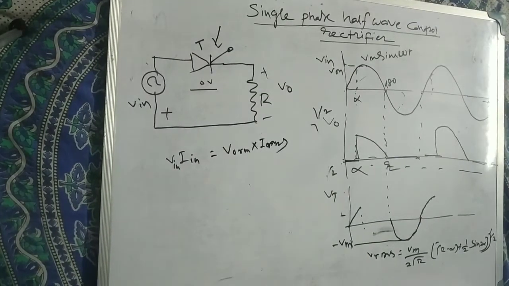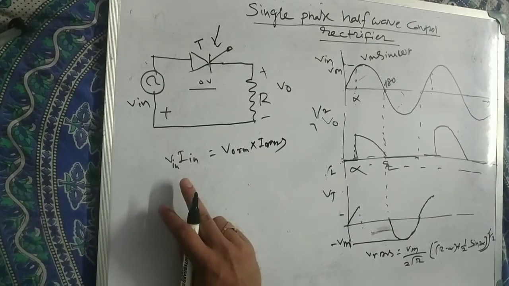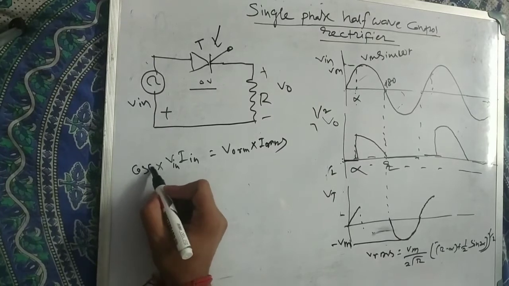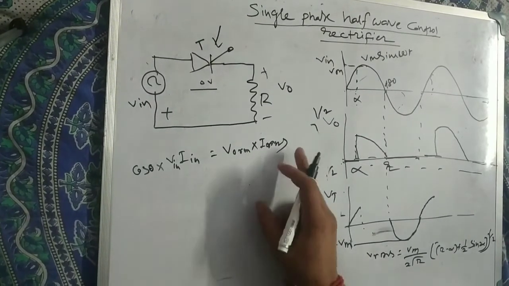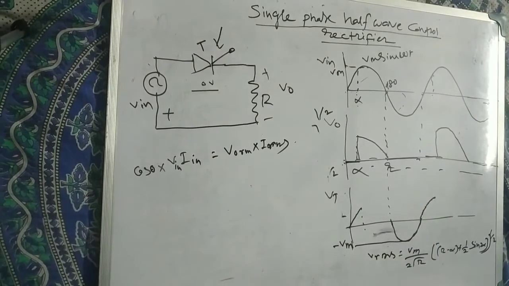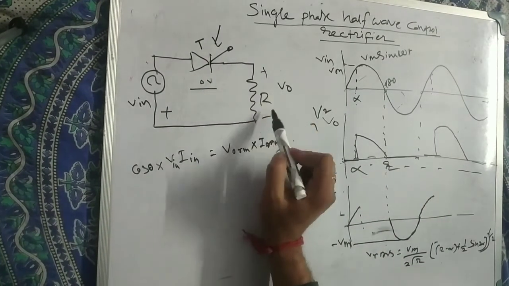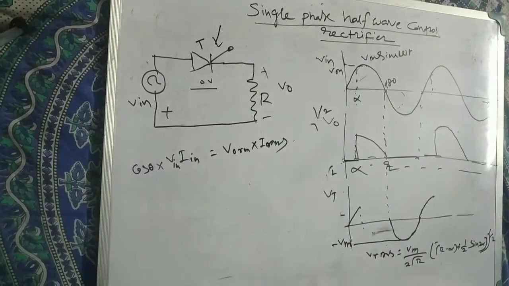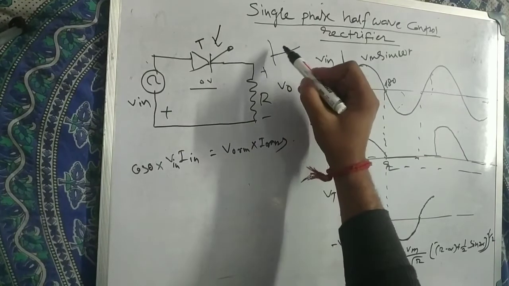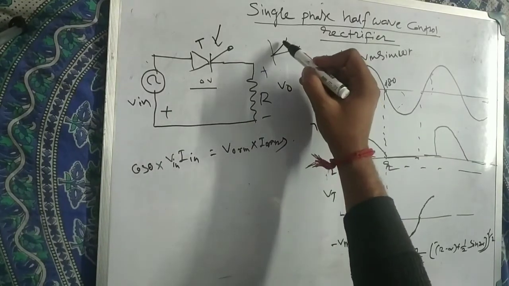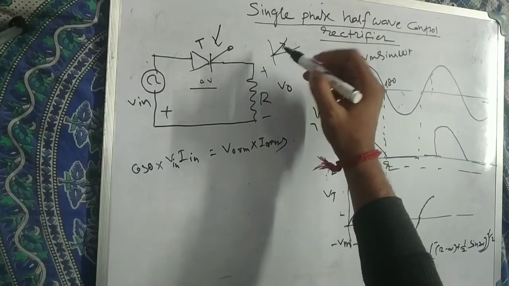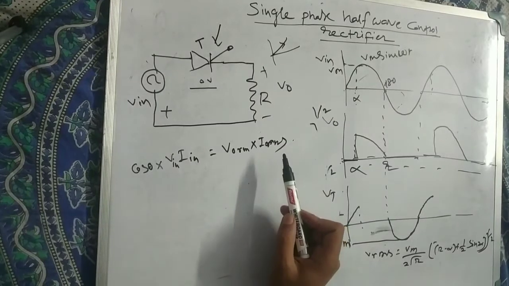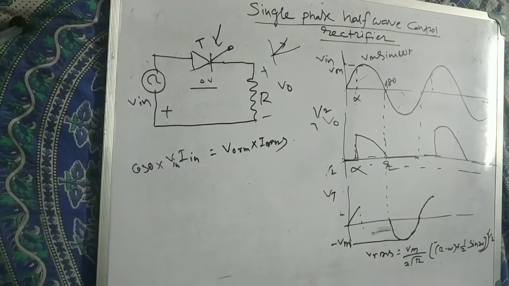Whenever it comes to power, you have to remember V I cos theta, but I am not writing cos theta at the output terminal, because at the output we are taking power at the resistance. We all know a resistance has a power factor of 1, because in a resistive load the voltage and current will be in the same phase, so the phase angle difference between voltage and current will be 0, so the power factor is always 1.